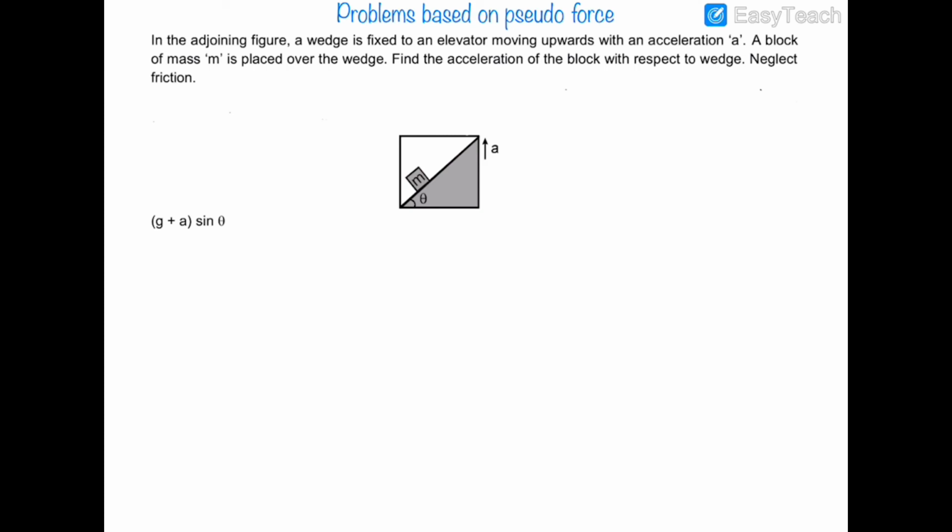It means that if some observer is standing on the inclined plane inside this lift, then with what acceleration for that observer this block of mass m will be moving.